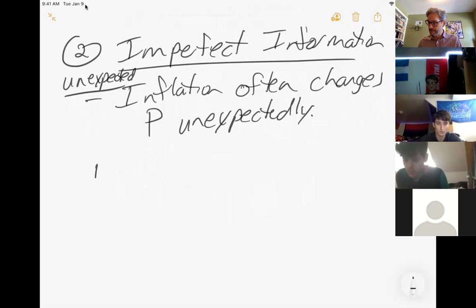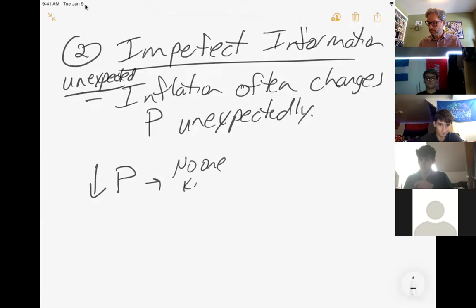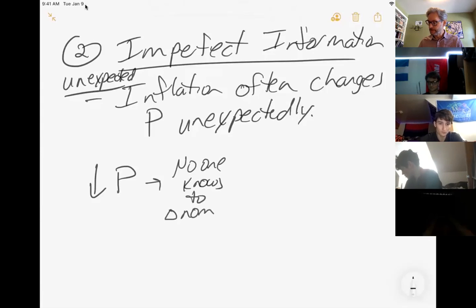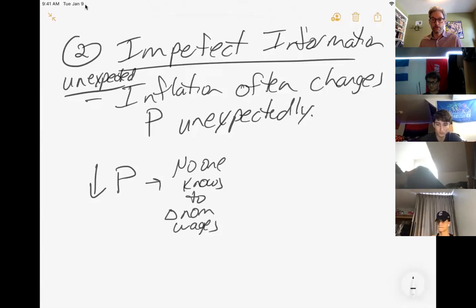So what happens if, for instance, the price level falls, but nobody knows about it? And as a result, nominal wages don't change because nobody knows. What's then going to happen?